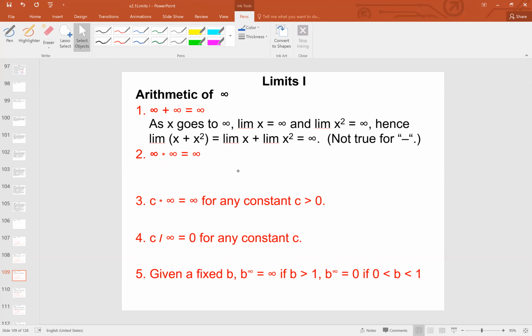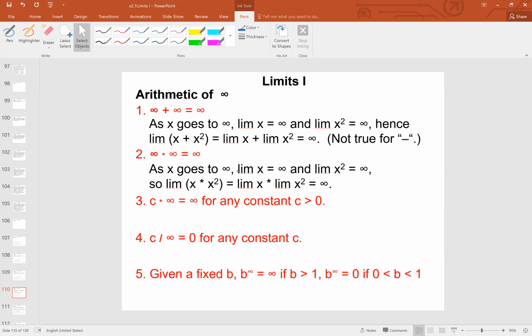The same thing holds for multiplication. When x goes to infinity and x squared goes to infinity, multiplying them, I get a product going to infinity.